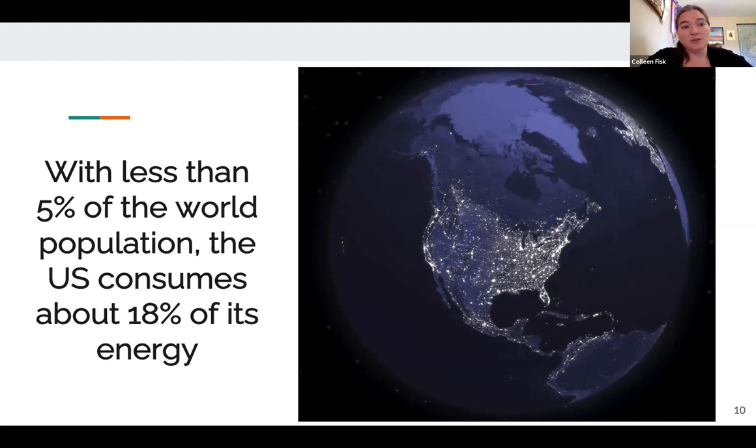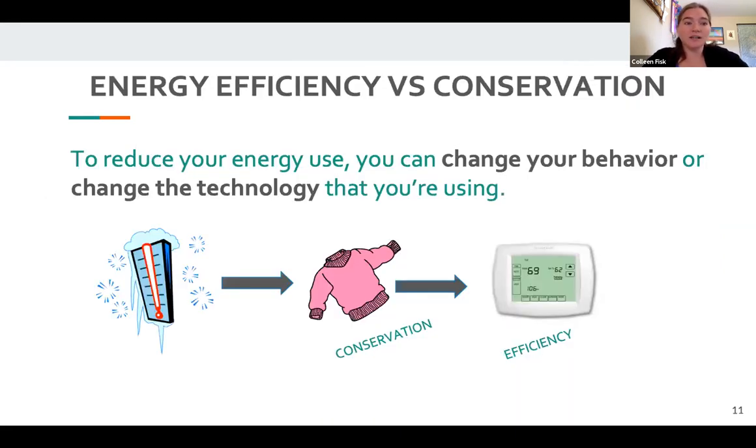Of course, that's also associated with producing way more carbon emissions per capita than most countries in the world. So this is why we talk about efficiency, right? It's not just a matter of transitioning all to renewables, but we also need to be thinking about being more efficient with what energy we are using, whether it's renewables or non-renewables. And so we talk about this in terms of efficiency and conservation.